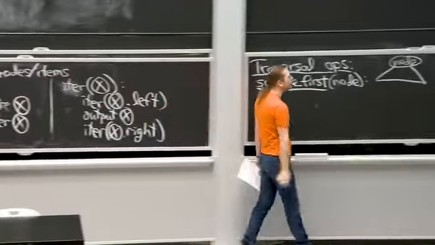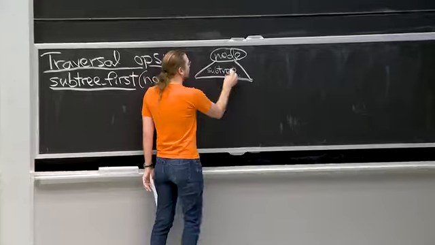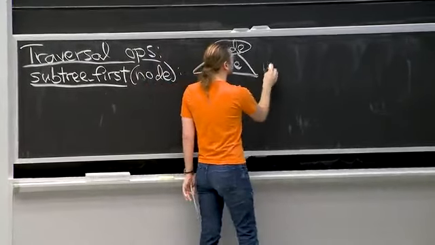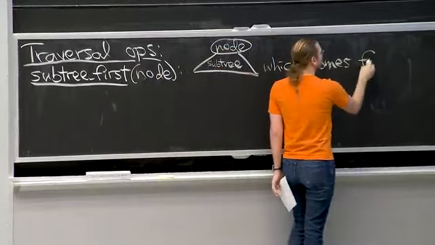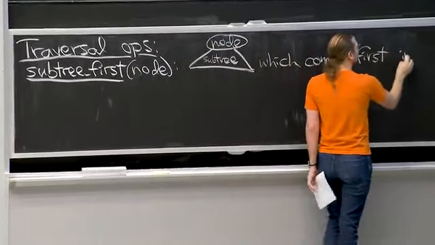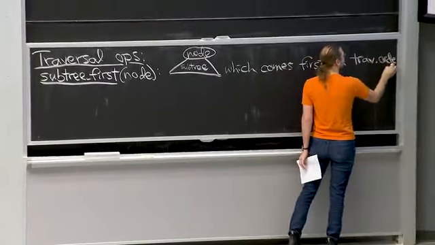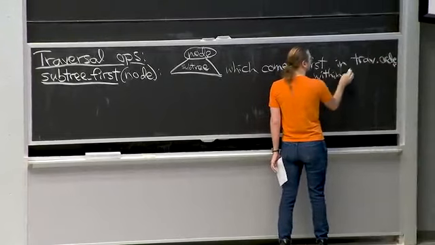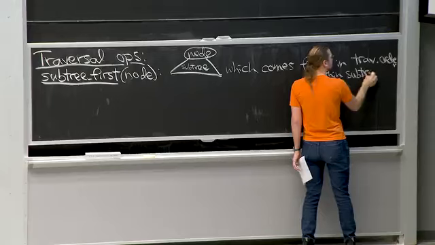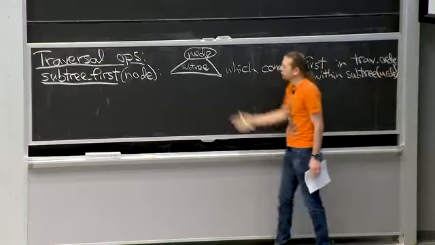With subtree first, I would like to say among all the nodes in this subtree, which comes first in traversal order? So just restricting to that subtree of node. So where is it in this tree?